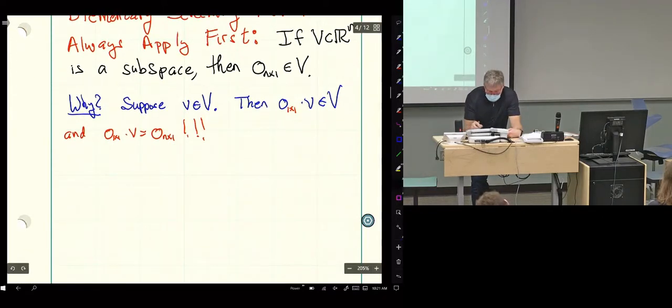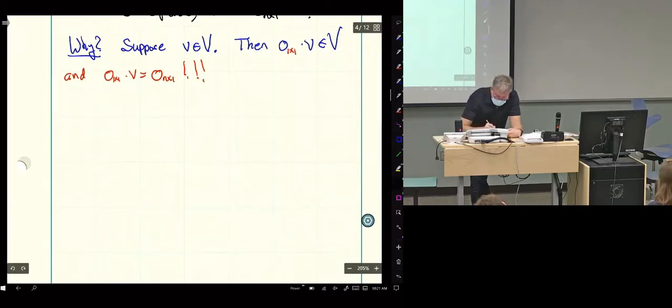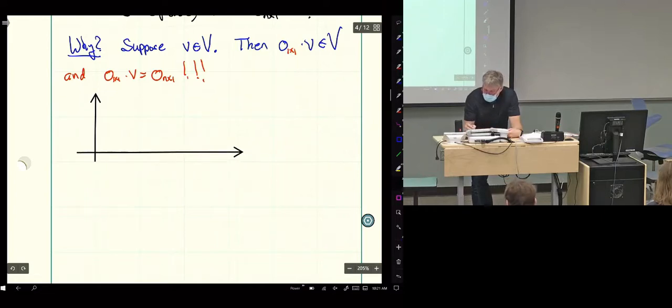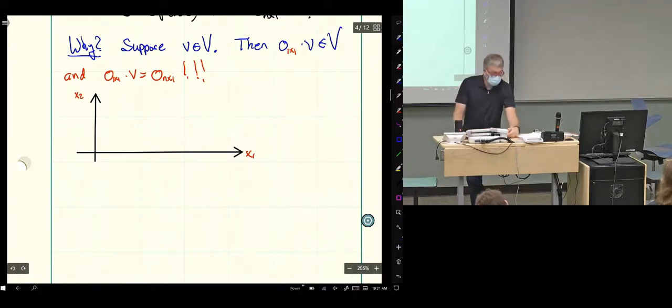Now, why is that interesting? Maybe you won't find this interesting, but I'm going to hope you do. Here's R2, just because I can't draw R3 very well. So this is like X1, and this is like X2. And if you want to call them X and Y, I'm not opposed.